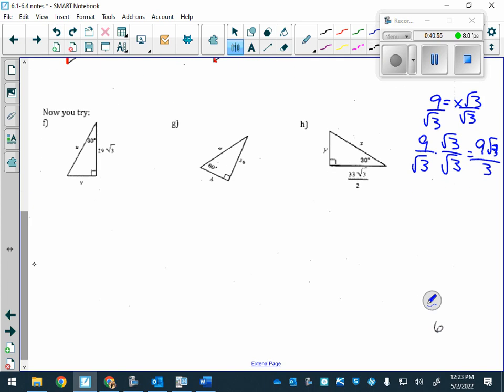All right, now we get to F. What does V, so the shorter side length, equal? Laurel? 29. Good. What does our hypotenuse equal? Brian? 58. Good. Awesome. How many of you did get that? Perfect. Okay, now G. I think that's 36. Okay.